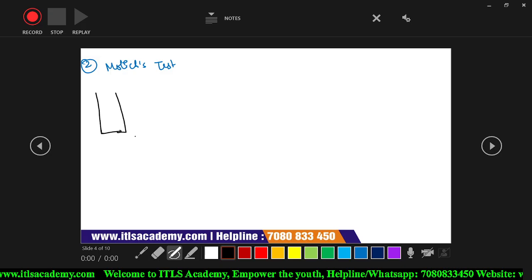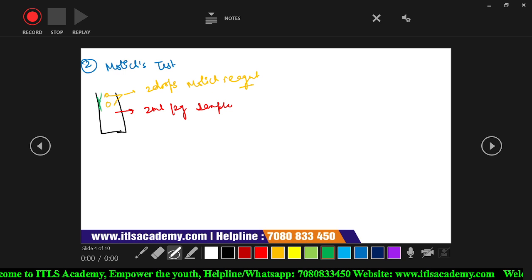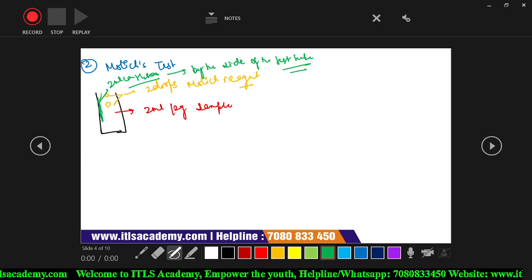How we prepare that Molisch reagent, we have already discussed, so here we are not discussing it. Then after that, we have to add 2 ml of concentrated sulfuric acid, but it should be added just by the side of the test tube. When you add the concentrated sulfuric acid, you have to add it by the side of the test tube.